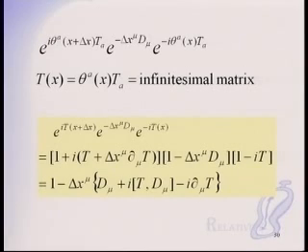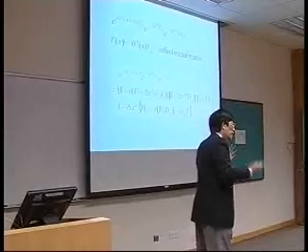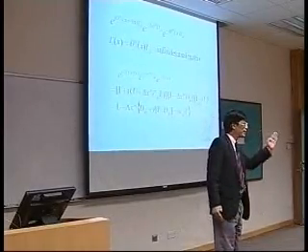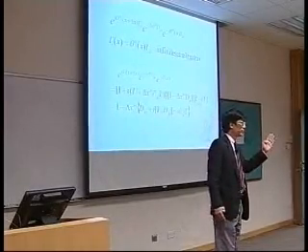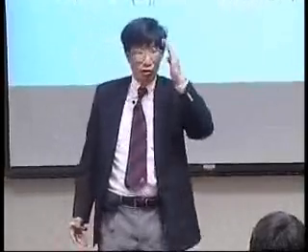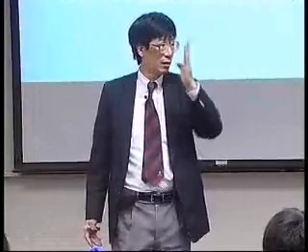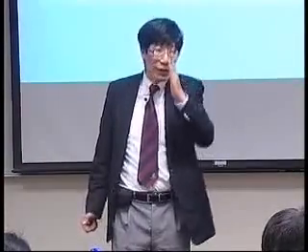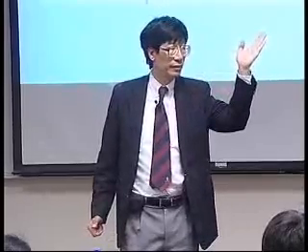Now, in this calculation, there are two things which are infinitesimal. One is that the displacement is infinitesimal, delta x. The second is that each little rotation is also infinitesimal. Okay? Because that's all I need to understand. Once I have understood an infinitesimal rotation, I can build it up to a finite rotation.